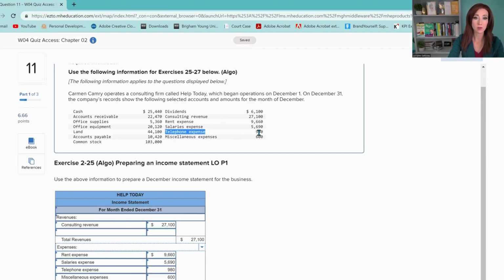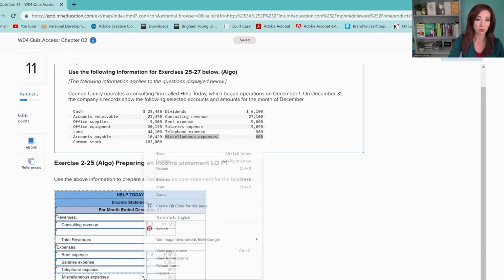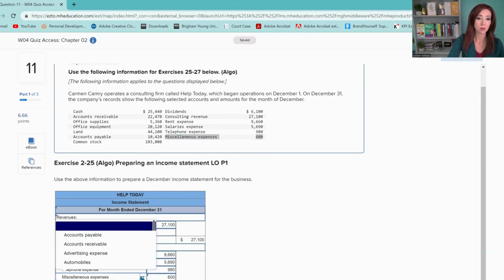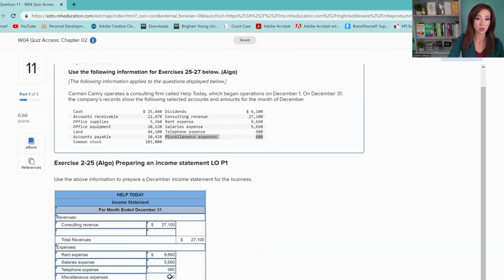And then I have telephone expense up here. That's going to come down here. And I have my miscellaneous expenses. Make sure I click that option in here. And then I enter the amount in here, and I'm going to get total expenses. And then at the very end, what we are calculating is a net profit or loss.